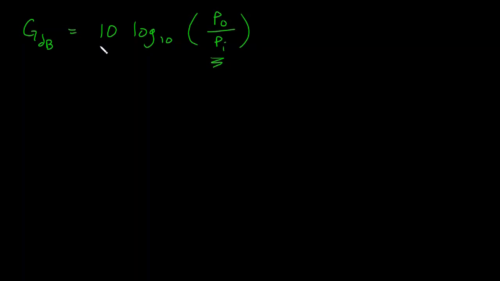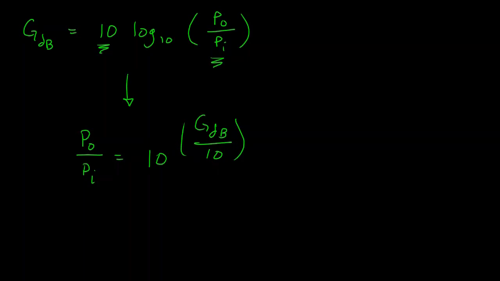The only difference is this factor of 10 here instead of 20. So we can just jump to the conclusion here, and we can say that the unitless ratio, unitless gain, P out over Pn, is going to be 10 to the power of the gain in decibels divided by 10 instead of 20 as with signal amplitude.